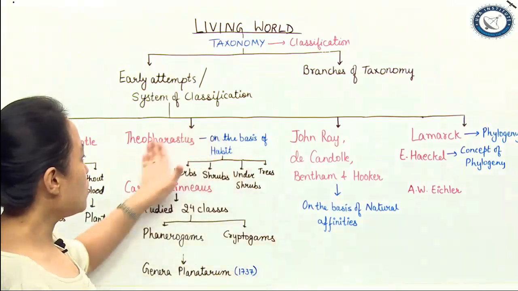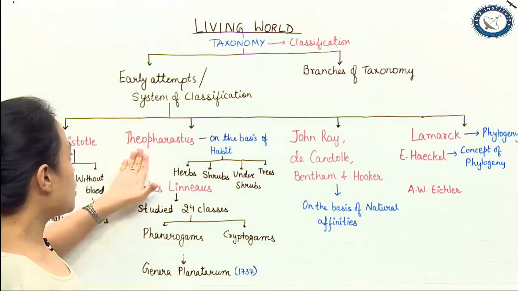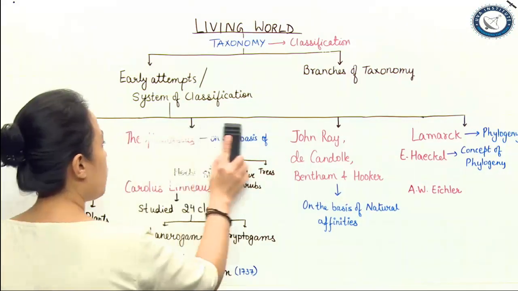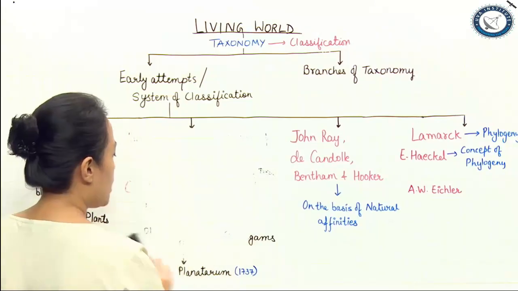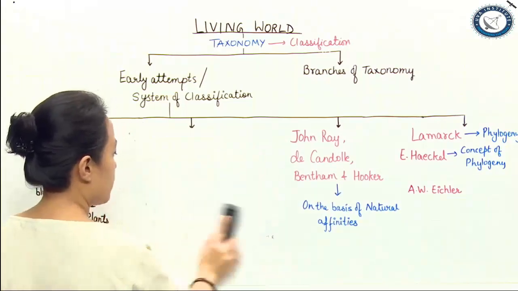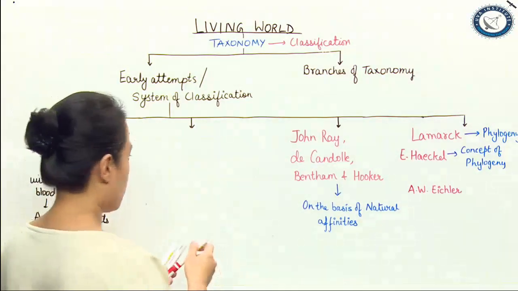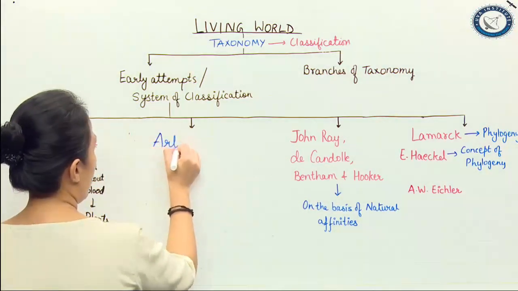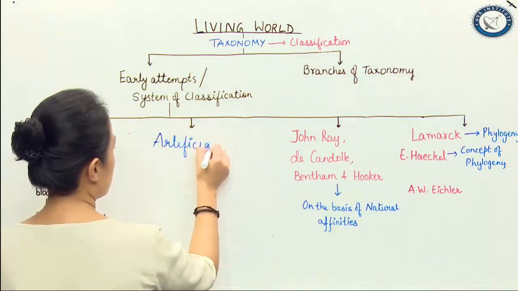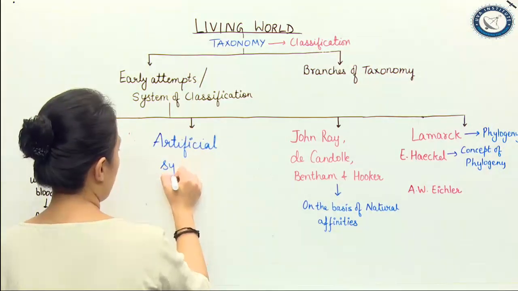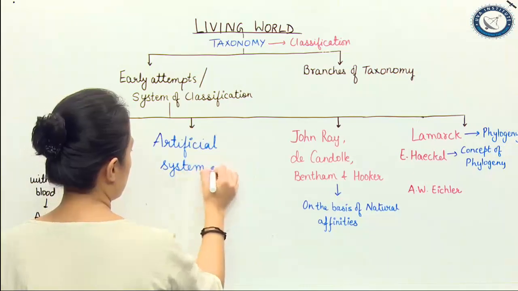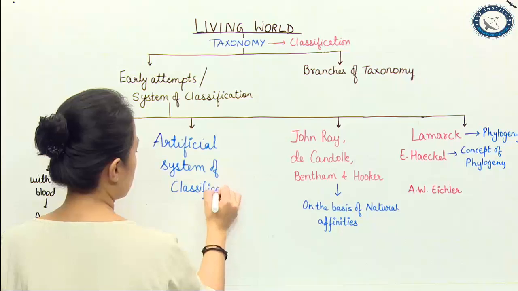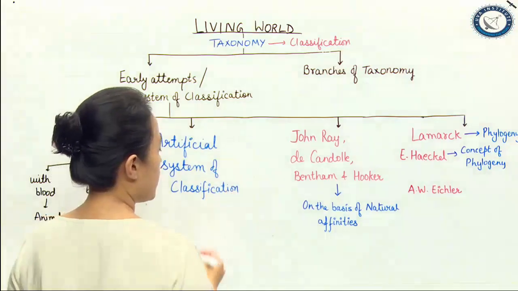Okay, and this whole system of classification, in which Carolus Linnaeus and Theophrastus gave further explanation, is known as the artificial system of classification.